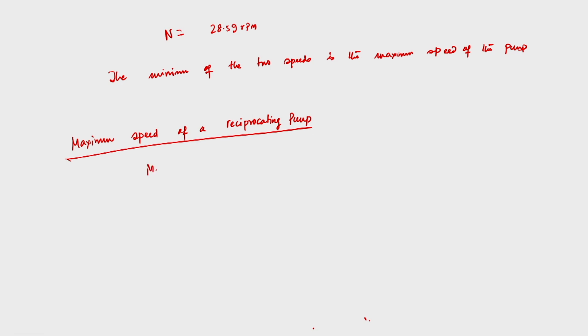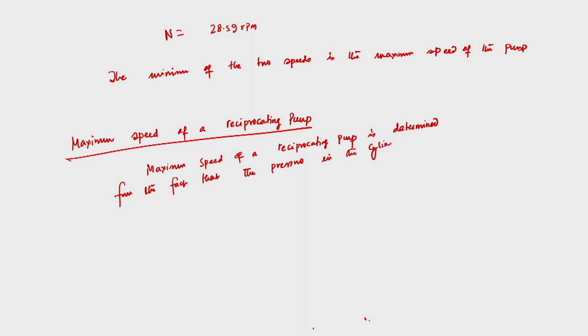This is very important: the maximum speed of a reciprocating pump is determined from the fact that the pressure in the cylinder during suction and delivery stroke should not fall below the vapor pressure of the liquid. This is very important.